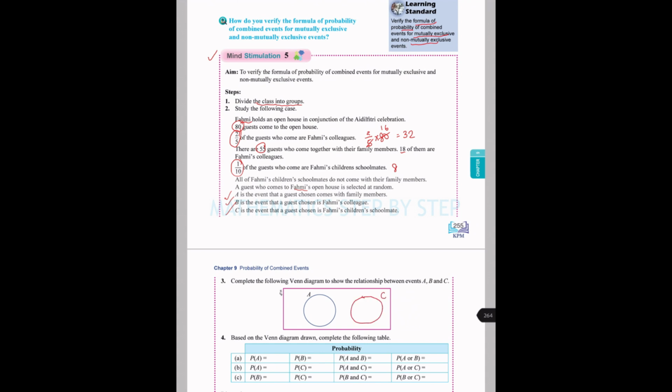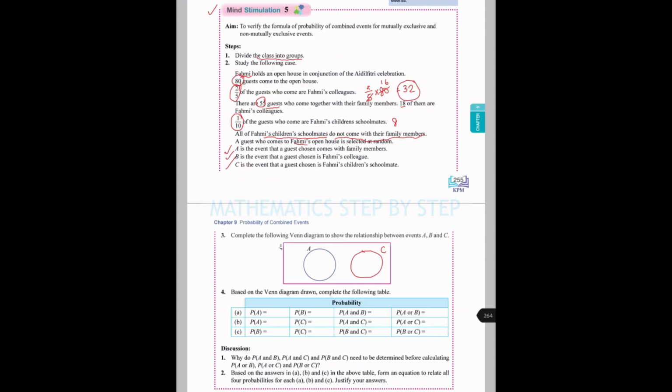So I'll assume this is set C, okay? Because given that all of Fahmi's children's schoolmates do not come with their family members. So we know there are 32 of them who are Fahmi's colleagues, okay? And then out of the 55 guests who come together with their family, 18 of them are Fahmi's colleagues. B is the event that a guest chosen is Fahmi's colleague.